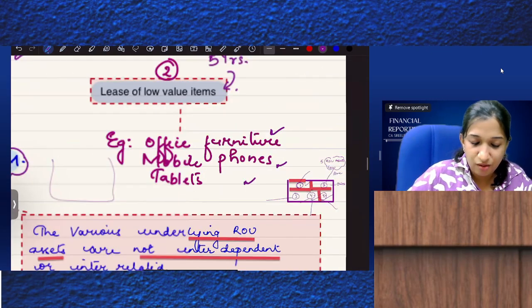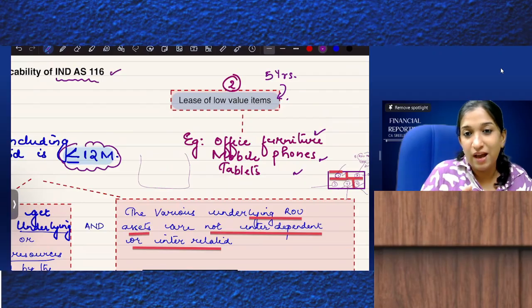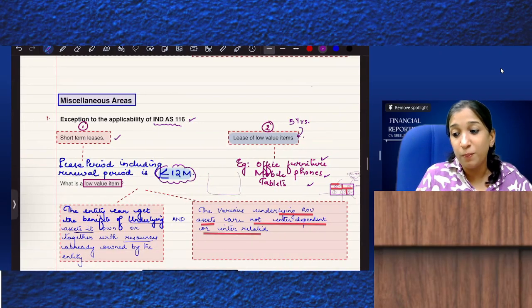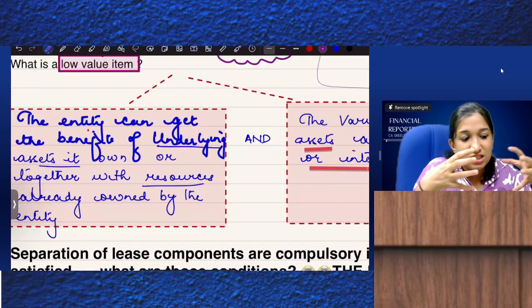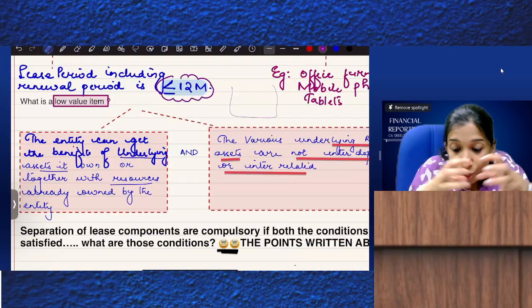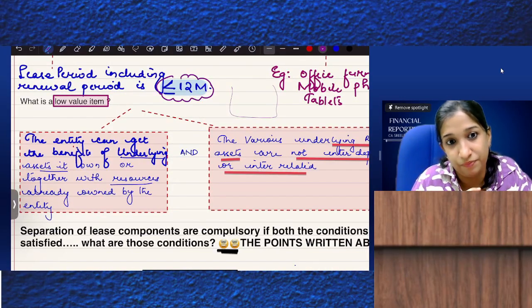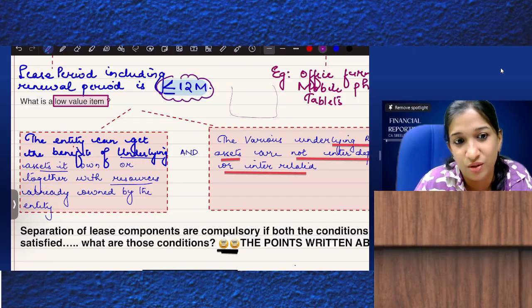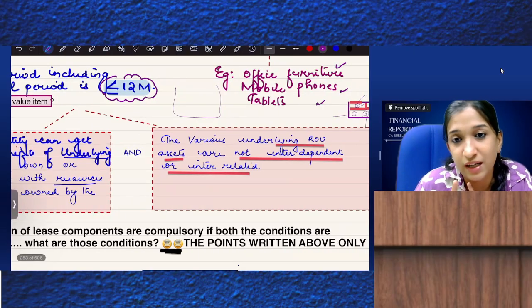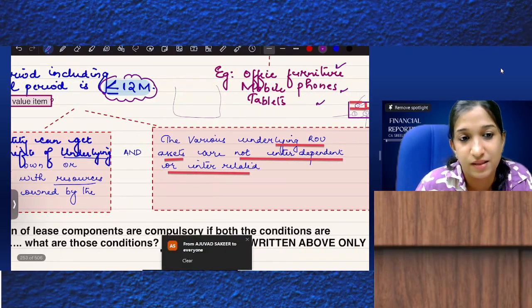That means I cannot claim low value exemption for many items which are connected to each other and together form a high value item. That is not possible. Understood? Should I explain anything once more? The various underlying assets are not interdependent or interrelated. Clear?